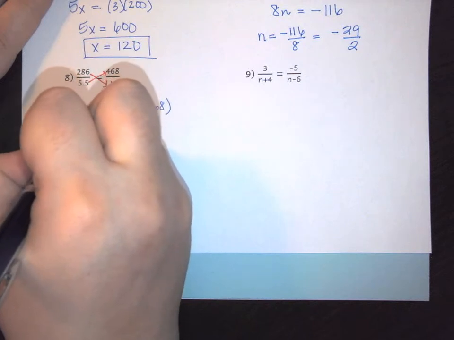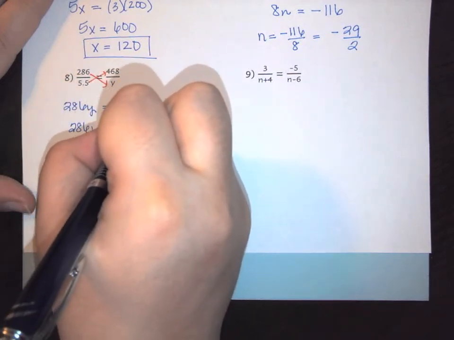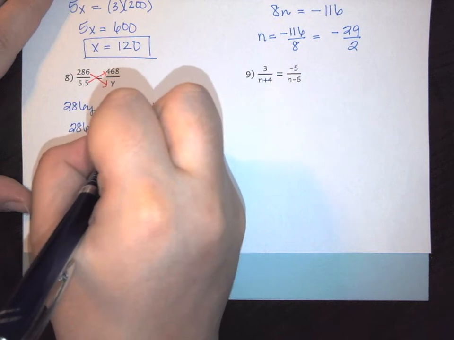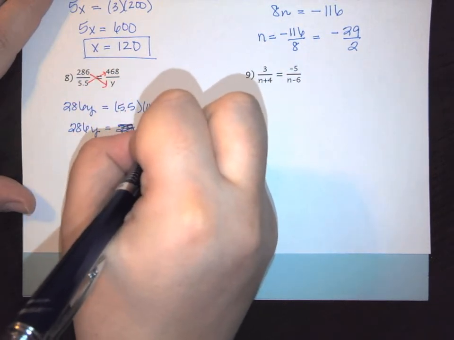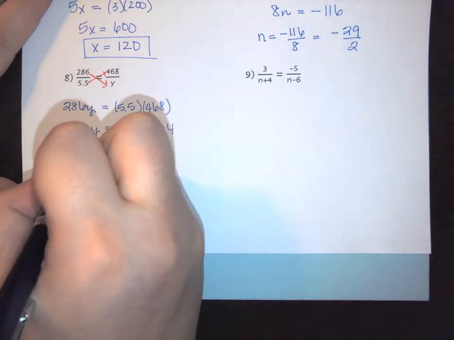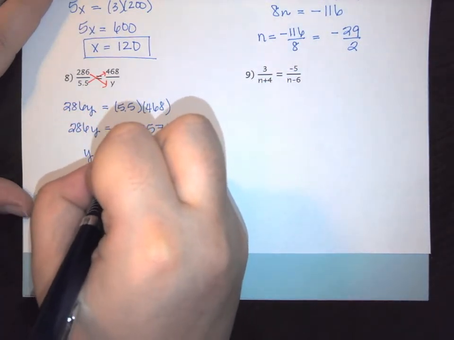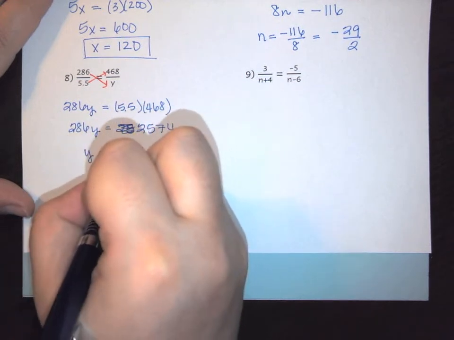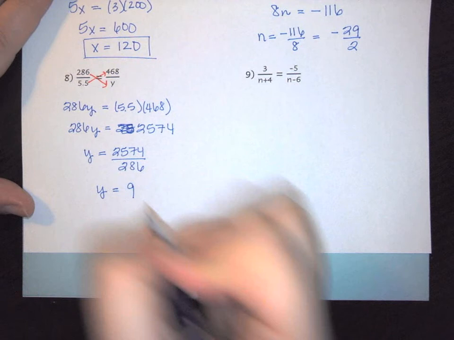So my 286y is equal to 2574. So my y is going to equal the 2574 divided by 286, so y equals 9.